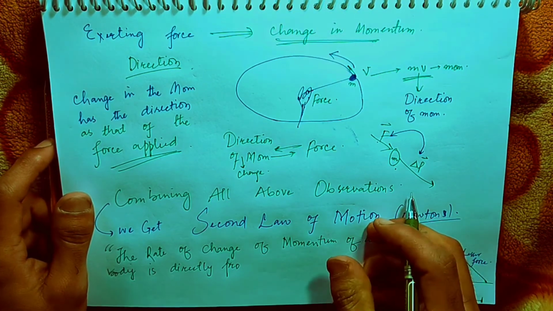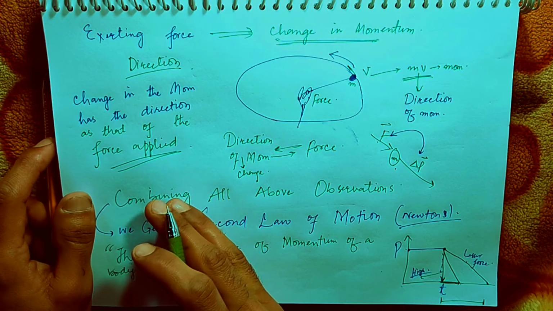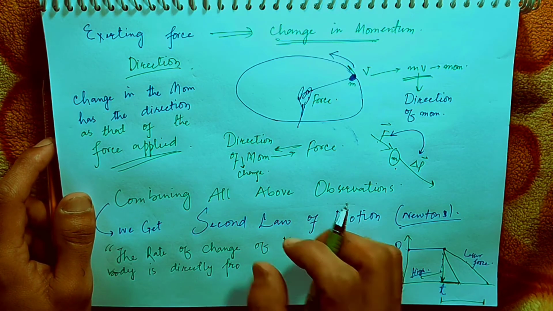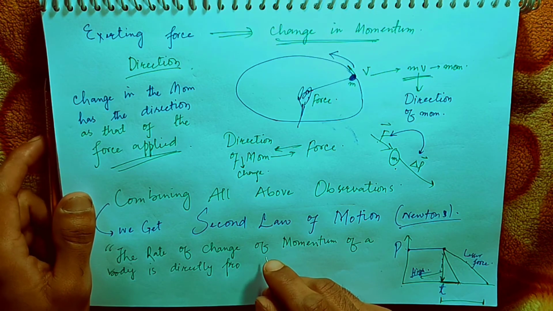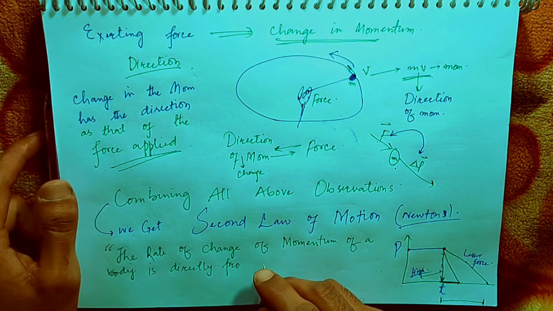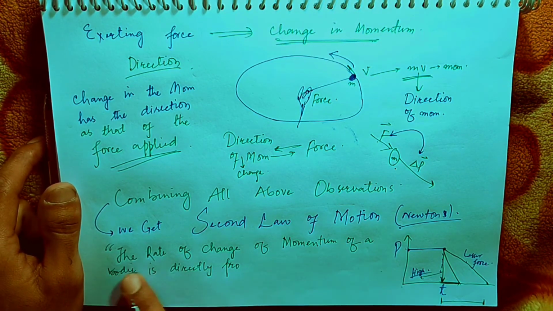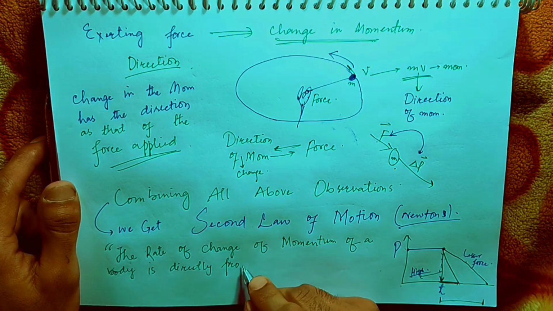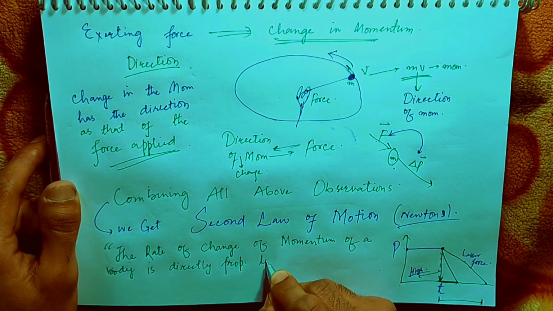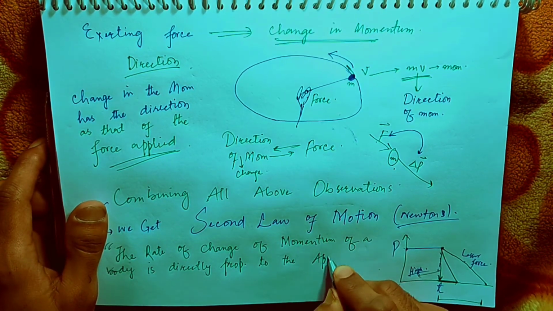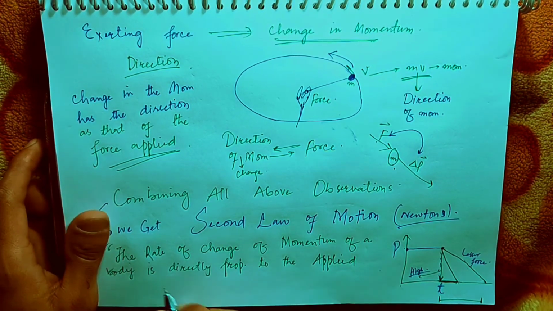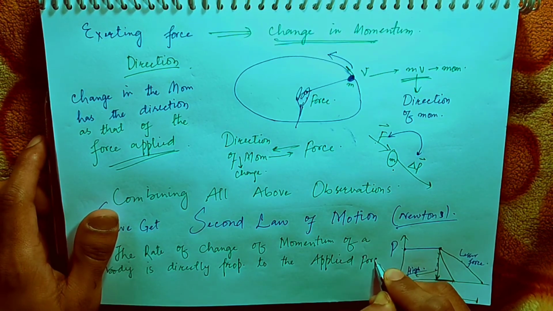That means the more one quantity, the more the other quantity upon which it depends. The lesser the quantity one, the lesser the second quantity. So the rate of change of momentum of a body is directly proportional to the applied force, which I have talked about earlier.